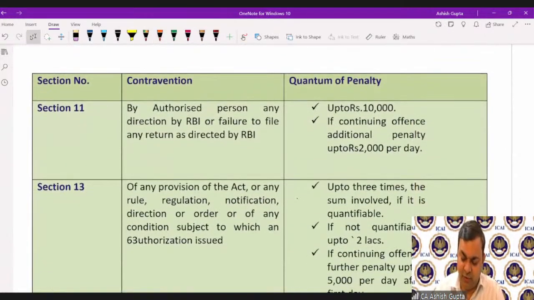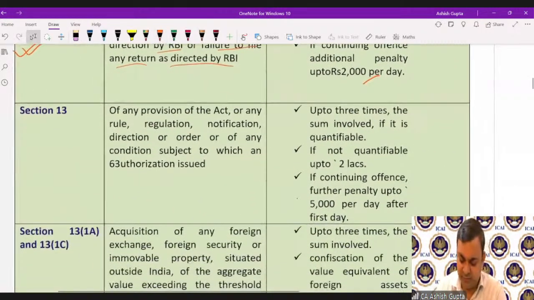And in case of contravention, you can read the contravention part. If there is a contravention, the penalty is as prescribed in section 11, which deals with directions by RBI to an authorized person. If the authorized person fails to file any return as directed by RBI, there is a penalty of 10,000 rupees, and 2,000 rupees per day, which we already discussed in section 11.